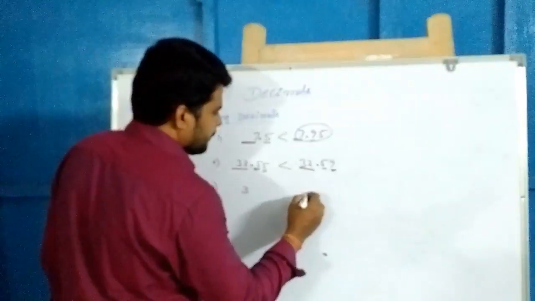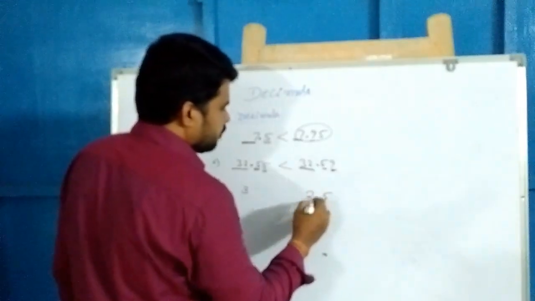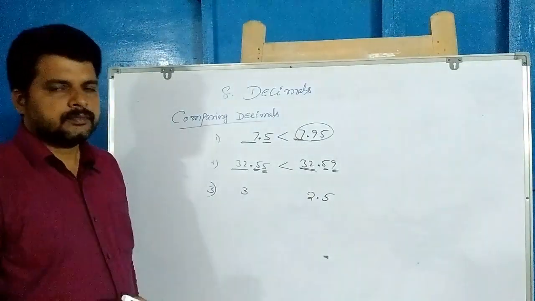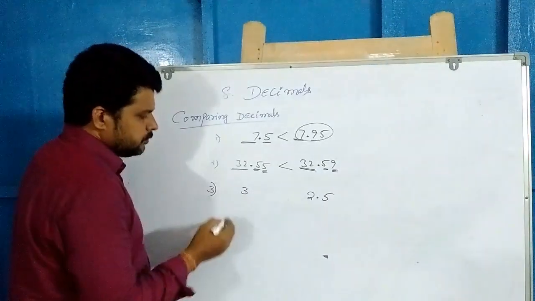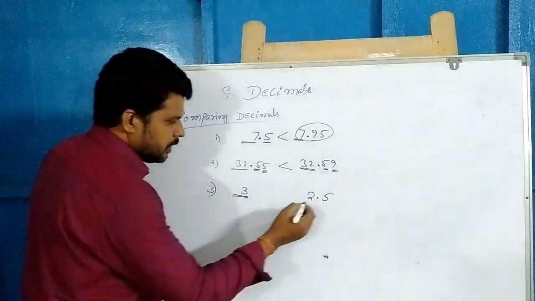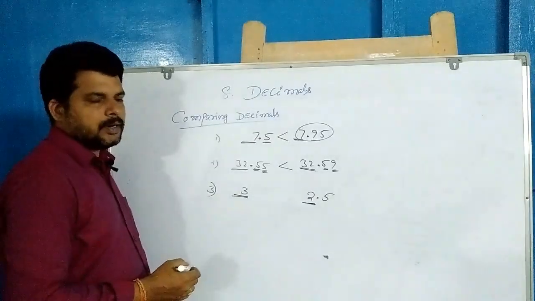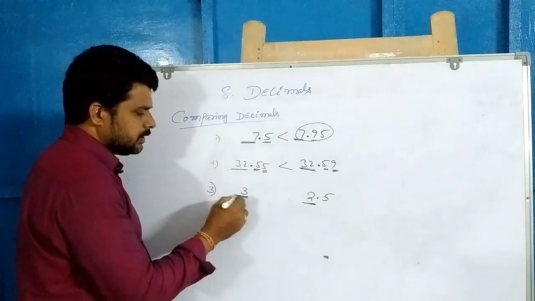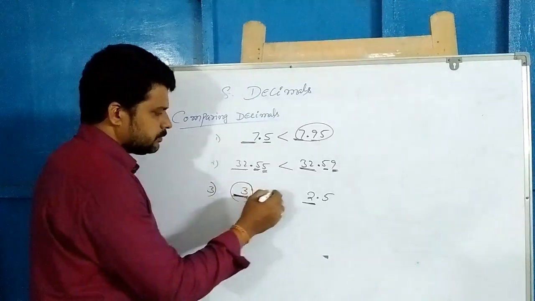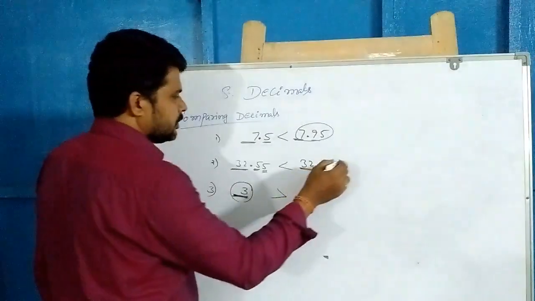Now 3 and 2.5. Which is smaller, which is bigger? In these two, 3 is the whole number part, here 2 is the whole number part. So check the whole number parts. Which is bigger? 3. So this is the big number, so put greater than.